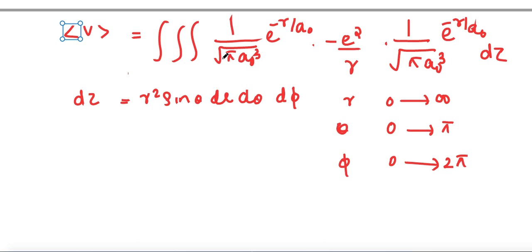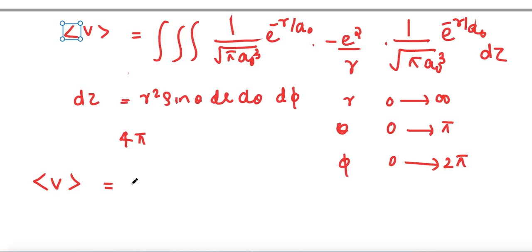In this wave function there is no angular part, so the integral of the angular parts is given by 4 pi. Let's keep that and evaluate the rest of the integral.